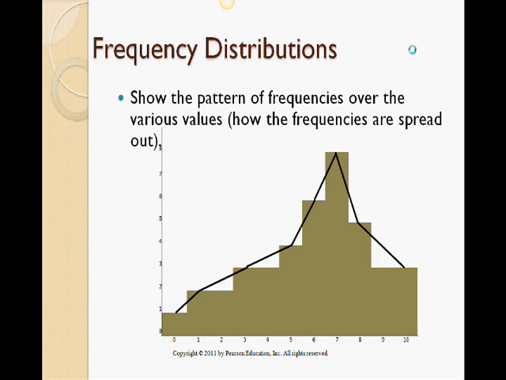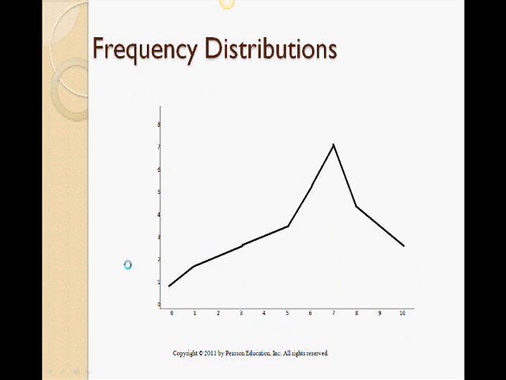The way that you create a frequency distribution from a histogram is you just make a line from the top of each of the bars. And when you finish and take away the bars, you get a line graph, such as this. And the line graph can actually tell us quite a bit of information. We're going to be using these distribution graphs all through this course, so you're going to see these quite often.